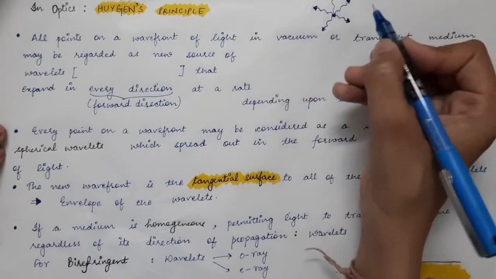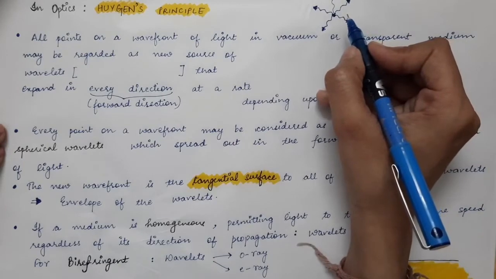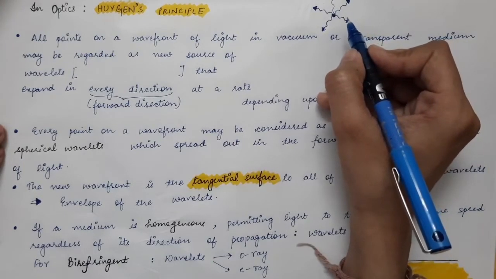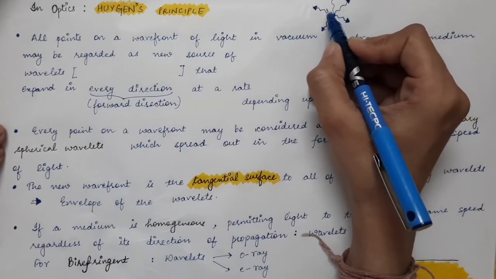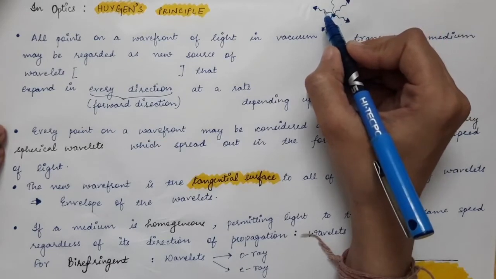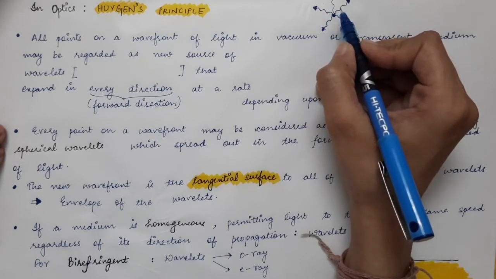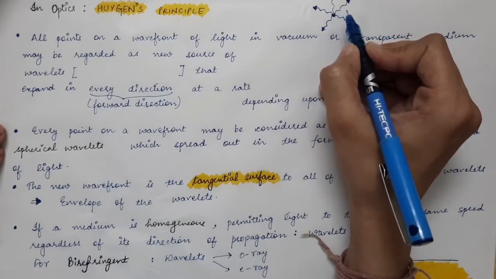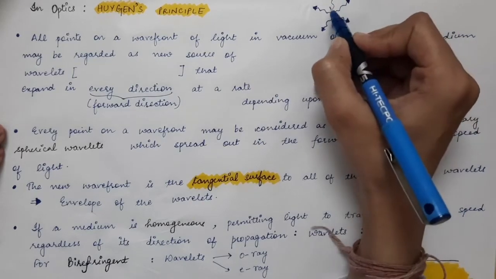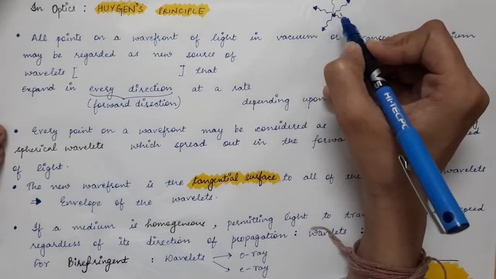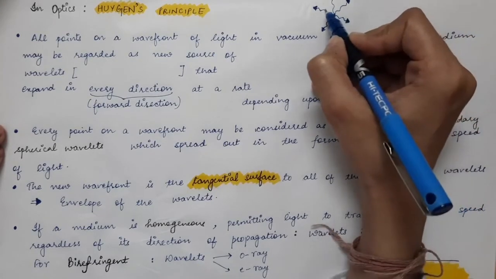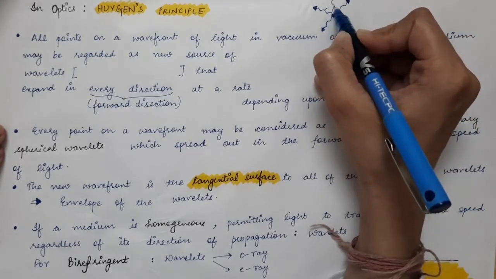So what is a wavefront? A wavefront is actually an imaginary surface, such that all the points on that surface have the same phase for all the light rays. For this point source, if I draw a wavefront, it will be something like this.